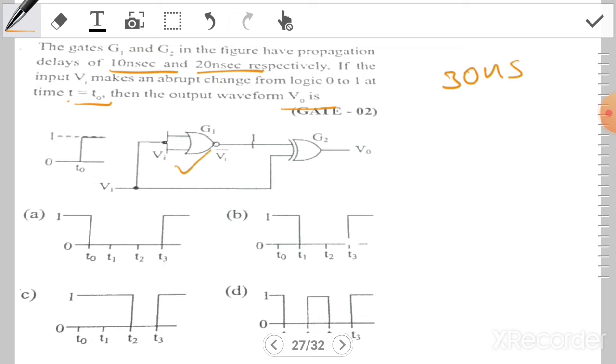Now let's say we have Vi as this. Here the output is Vi complement.